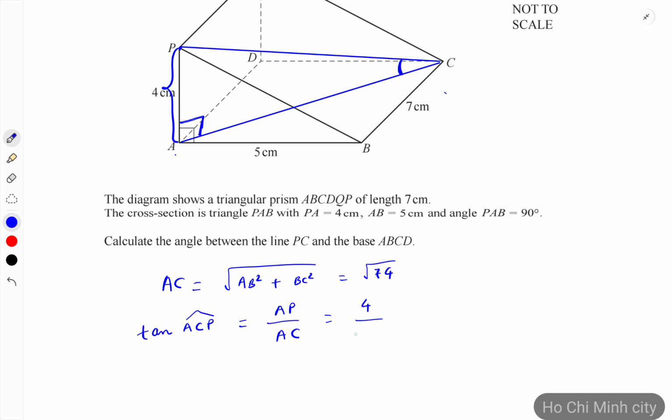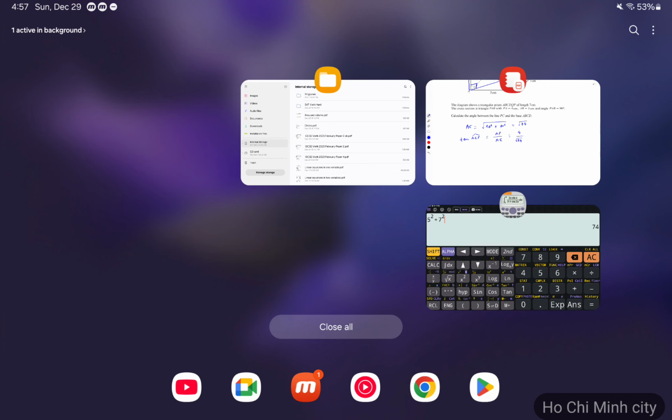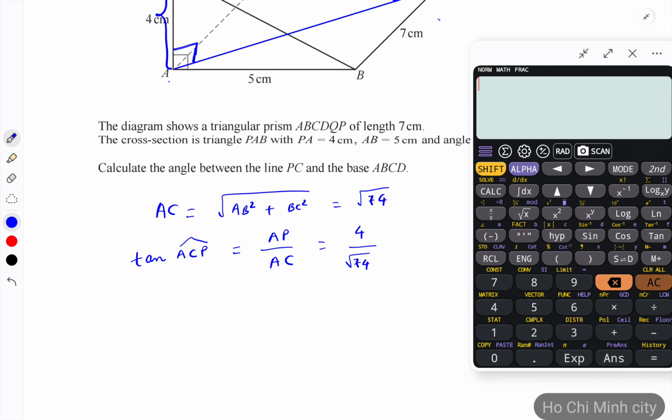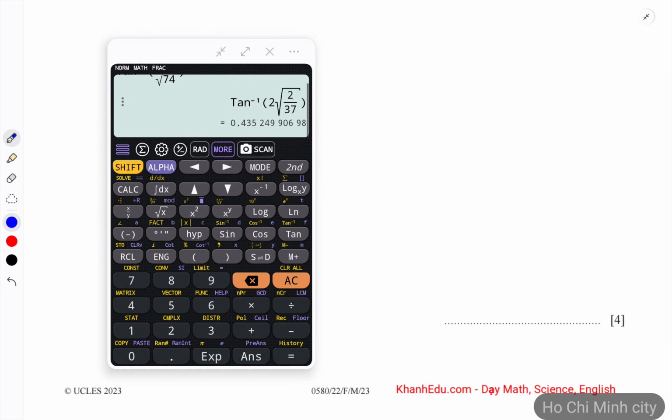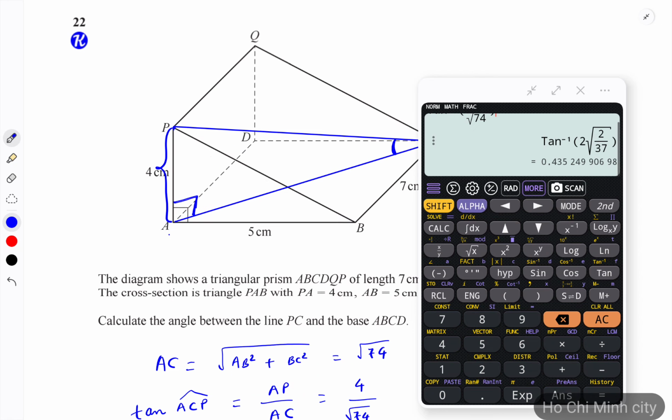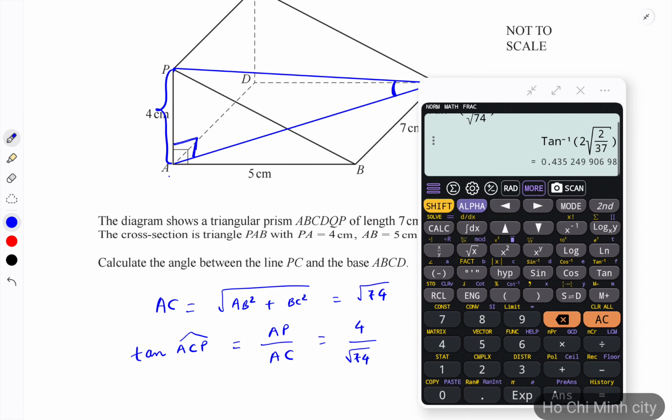We have 4 divided by square root of 74. We have the value is 0.43. All right, let's see the angle. Should we give the angle in the form of degree or radian?